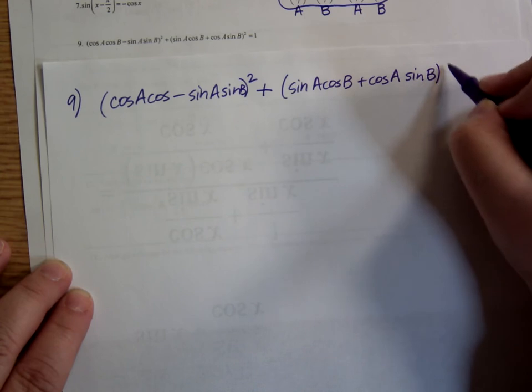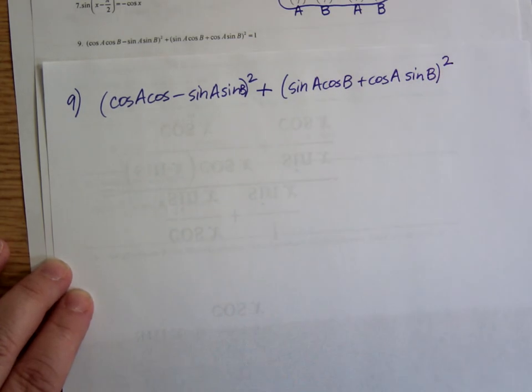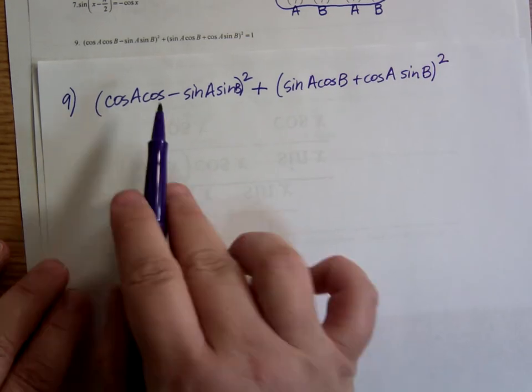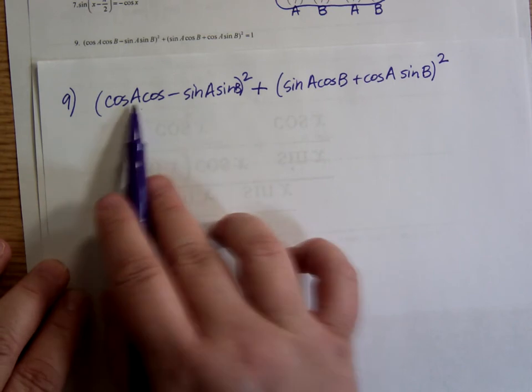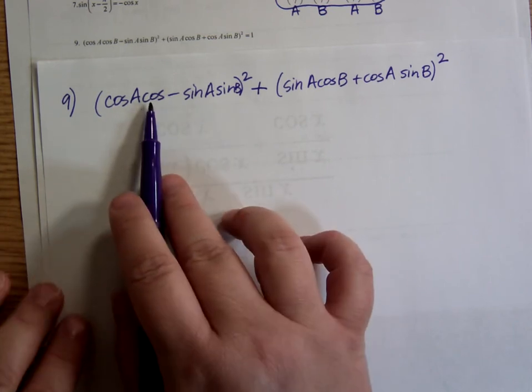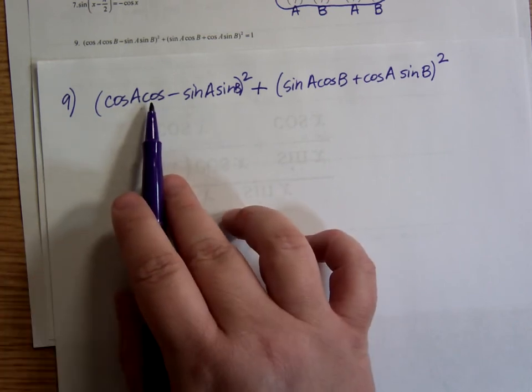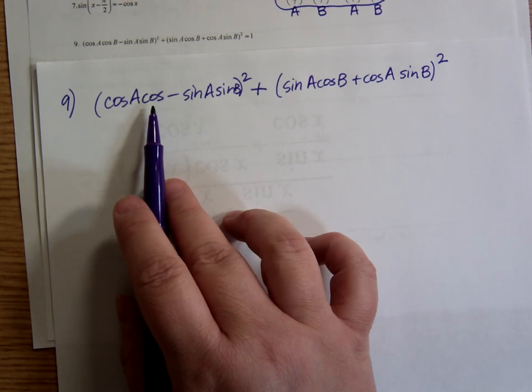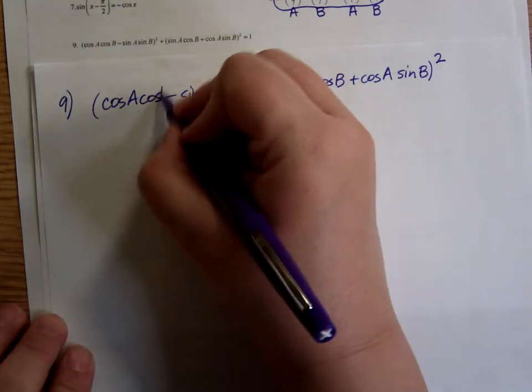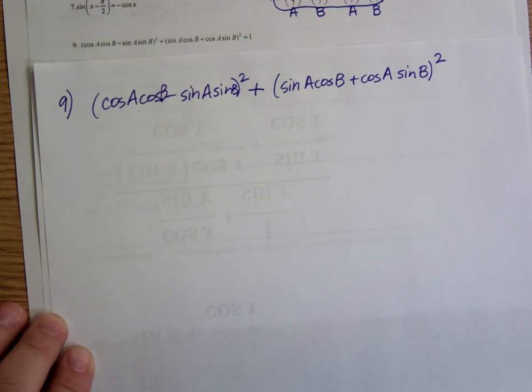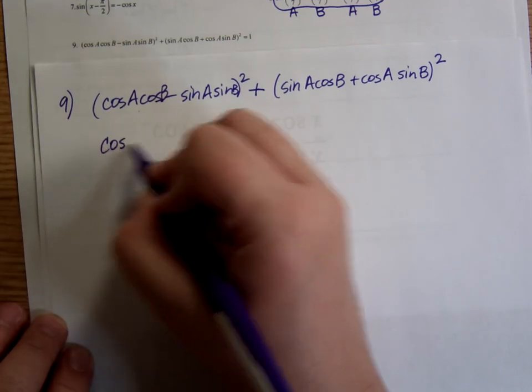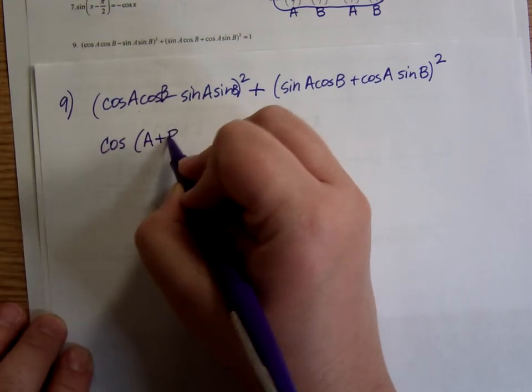And I'm just writing the left side because that's the side I'm going to start with. So I should be recognizing this formula. This is cosine of a sum. So this is cosine of the sum of A and B. So cosine of A plus B is what I've got here.